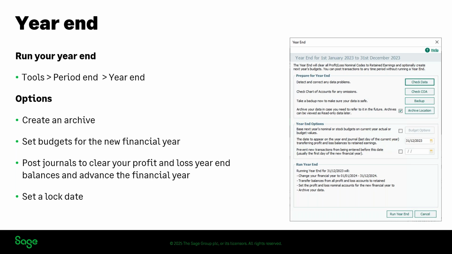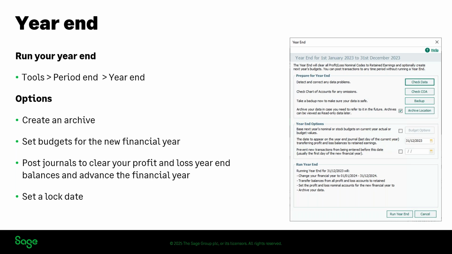Just a case of running through the little wizard that you can see a screenshot of there, and just follow that through. There's very few options on there, but we're going to run through that next, and I'll just explain what each of the options relates to. Now, options-wise, when we get into it, there is an option to create an archive.